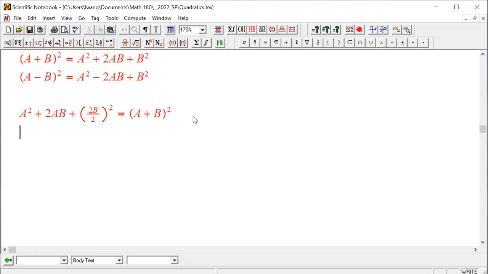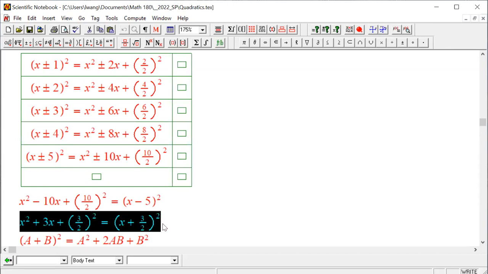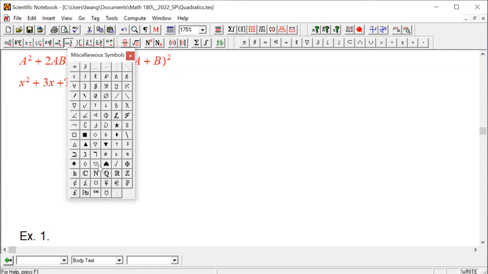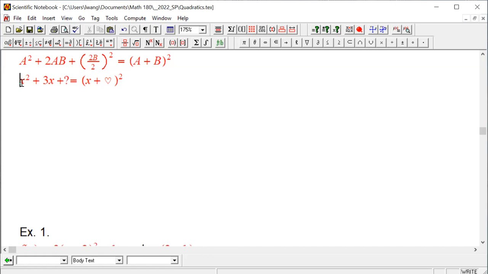This may look a little bit like a tongue twister, but in most cases, when we don't know these two quantities, you can see a is x, a squared is x squared, 2b is 3.